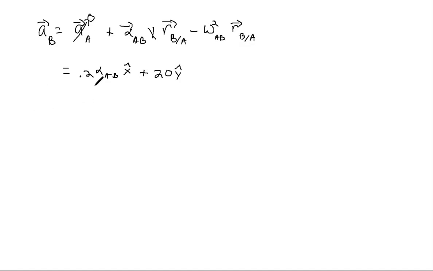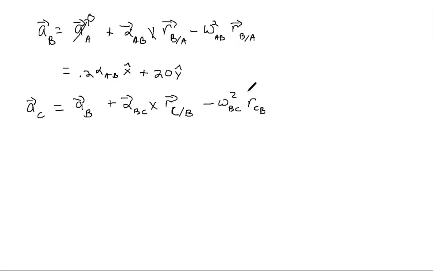Now I have an unknown quantity here, alpha, and right now I don't have a way to solve it. So I'm going to use this in my formula for the acceleration of point C, and write that as the acceleration of point B plus alpha BC cross R C relative to B, minus omega BC, which we found is 10, squared, times R CB vector.